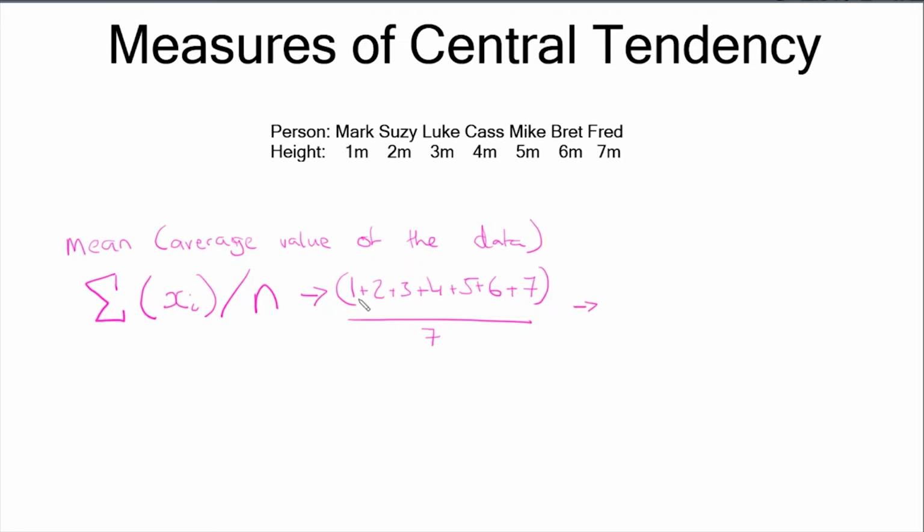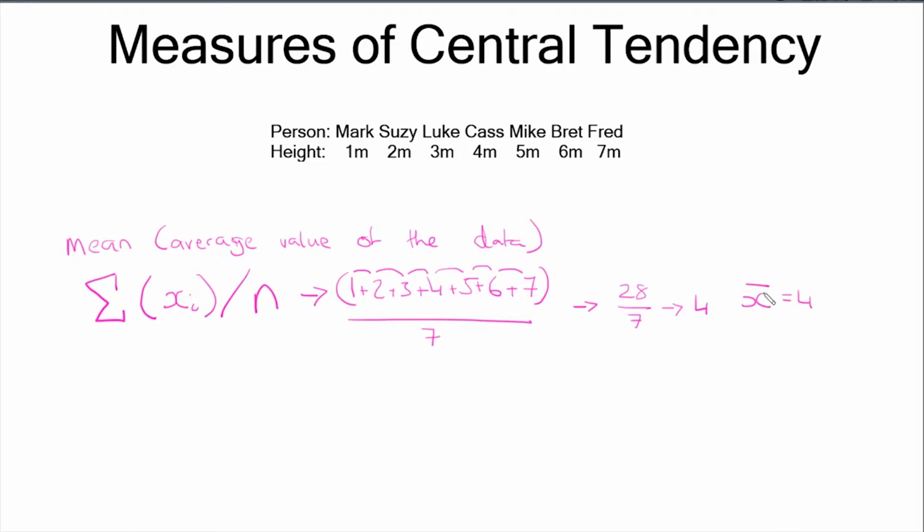Well, that is equal to, well, this is what? 3 and 6 and 10, 15, 21 and 28. 28 divided by 7, well, that's equal to 4. So the average is equal to 4. This is our x bar is equal to 4.